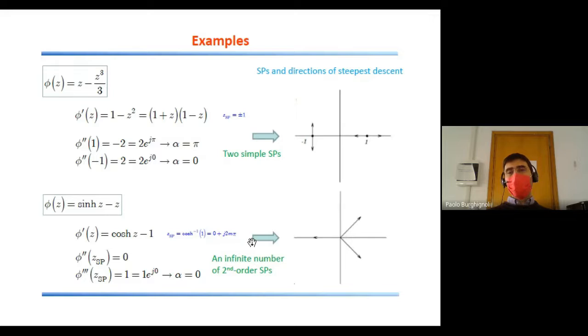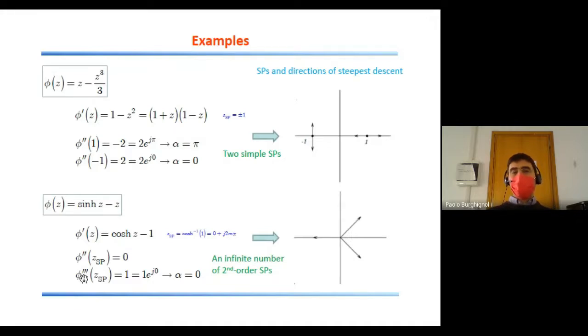If we focus on the saddle point at the origin, since for all the other saddle points considerations are exactly the same given the periodicity, at the origin the second derivative is equal to 0, because the second derivative is equal to the hyperbolic sine of z, which vanishes at the origin.